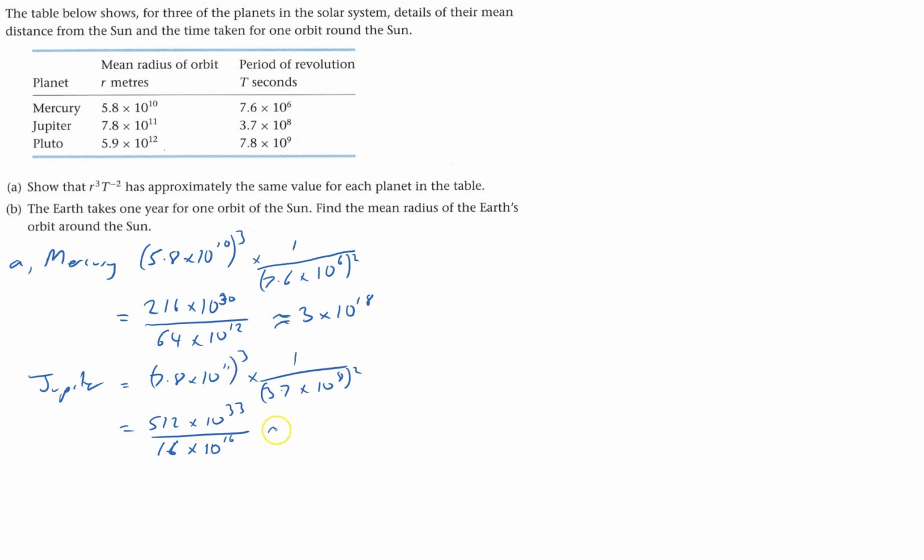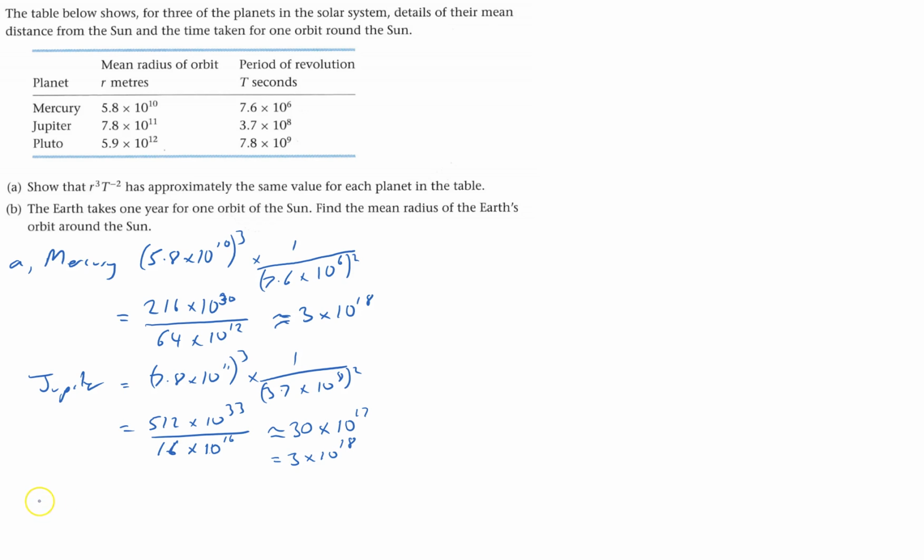This approximately equals, well, 3 16s are 48, so if I made it 30, approximately 30 times 10 to the 17, which does equal 3 times 10 to the 18, as I had before.